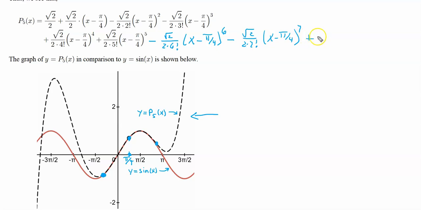The next one would be a plus. Notice the pattern: plus, plus, minus, minus, plus, plus, minus, minus, then it would be plus, plus again. And so that's how you form your Taylor polynomial for this problem.